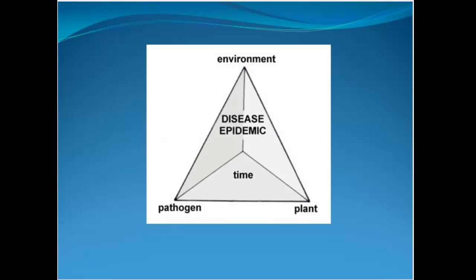During the course of the growing season, we may have had the right environmental conditions, we may have had the pathogen present, and we did have a susceptible host, but the pathogen and the susceptibility of the plant material didn't overlap, and so the timing had changed. And so in modern times we normally look at disease as being a function of a pyramid rather than a triangle per se.